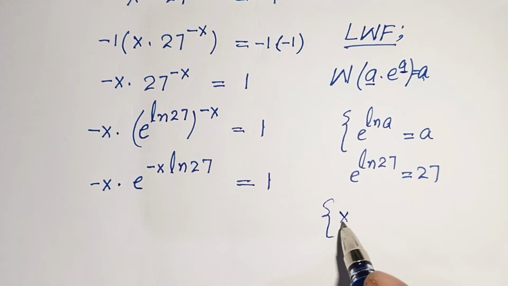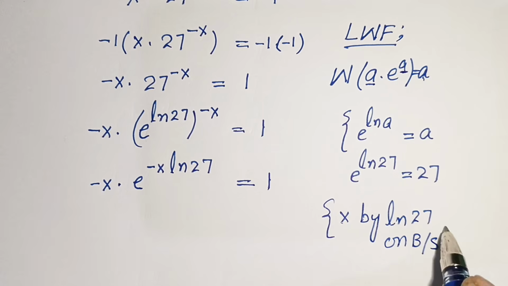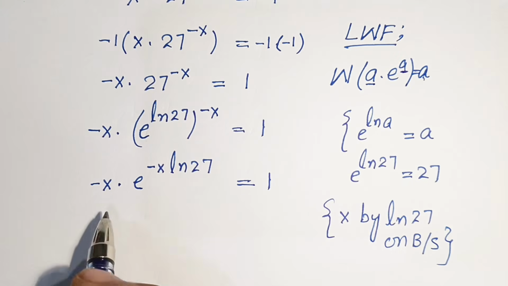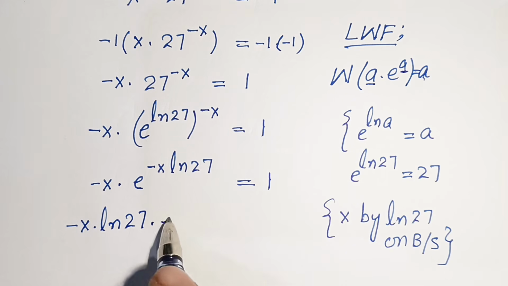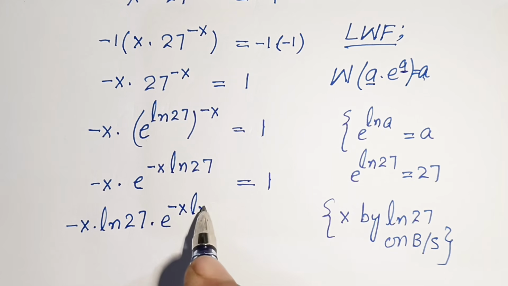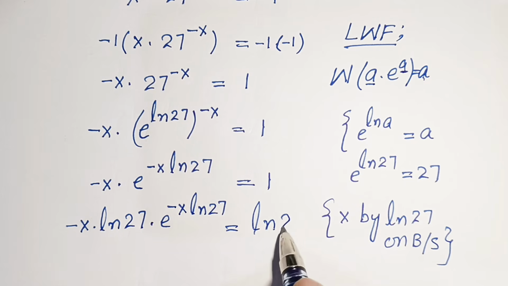So multiplying by natural log of 27 on both hand sides, minus x times natural log of 27 times e to the power minus x natural log of 27 is equal to 1 times natural log of 27 is equal to natural log of 27.